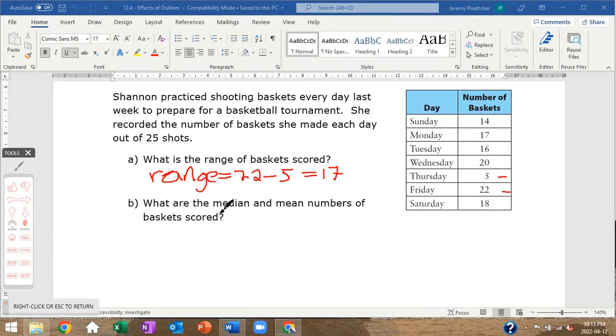What are the median and mean numbers of baskets scored? So, median, I've got to arrange these in order here. So, 5. Okay, that one's done. I'll just put a little tick next to the ones that I've done. 5, my next smallest looks to be 14.